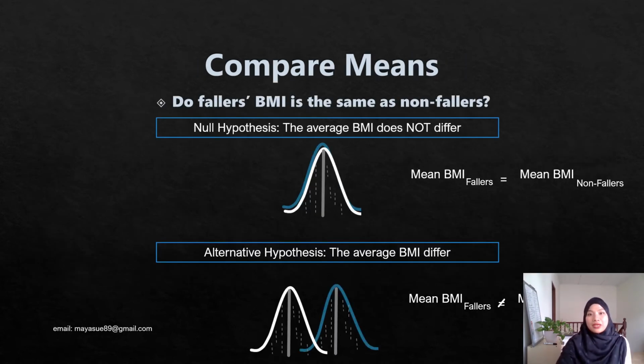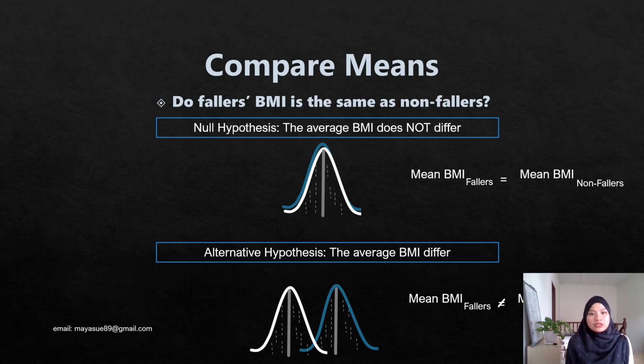Next, compare means. Okay. Compare means is actually when we have one continuous variable and one categorical variable. So example here, do fallers' BMI is the same as the non-fallers.